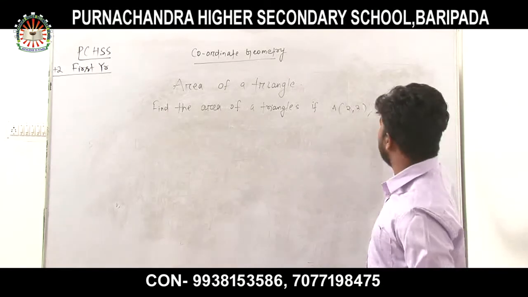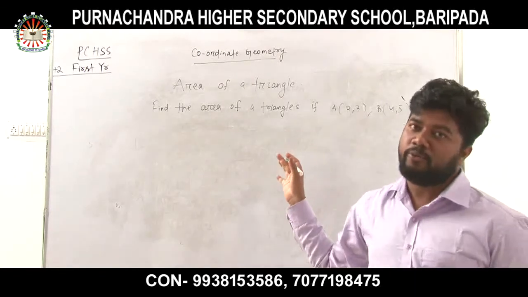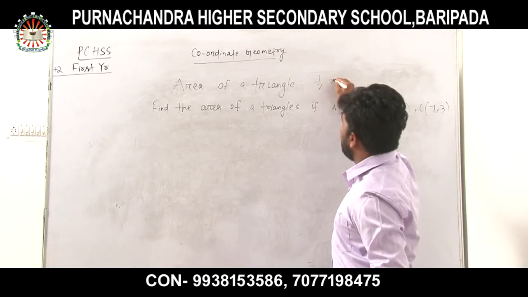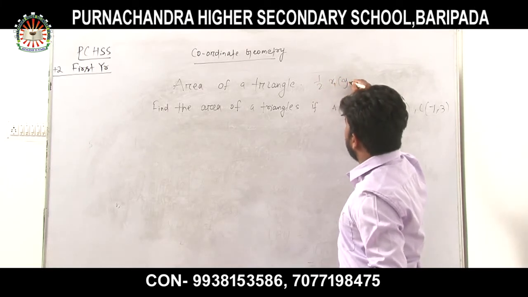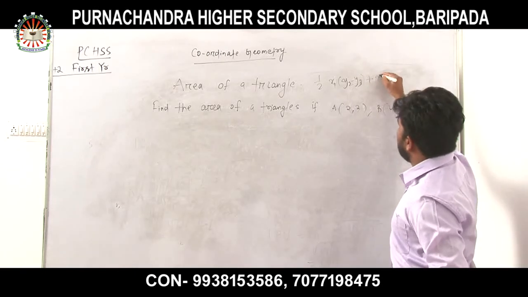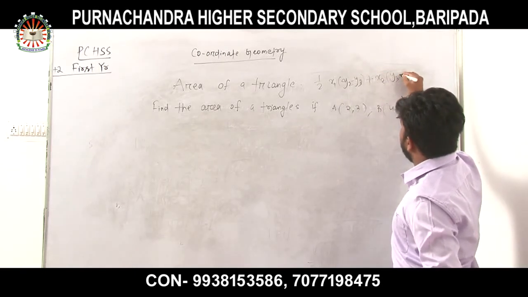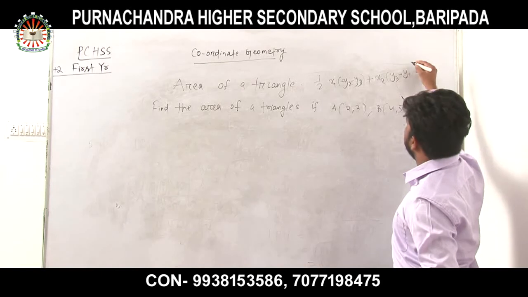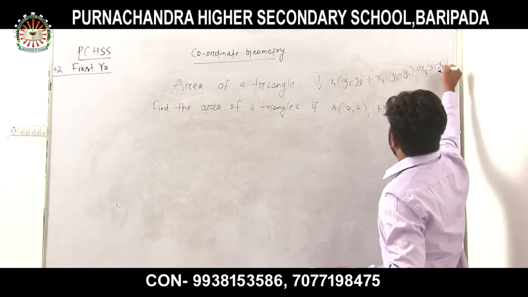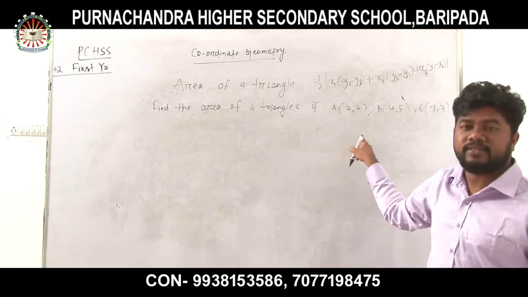This is a task for you. Complete this by applying the formula: half of x1 into (y2 minus y3) plus x2 into (y3 minus y1) plus x3 into (y1 minus y2). You apply this formula and calculate.